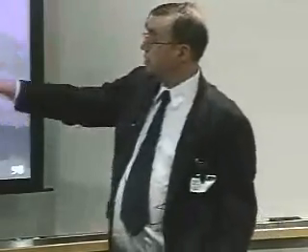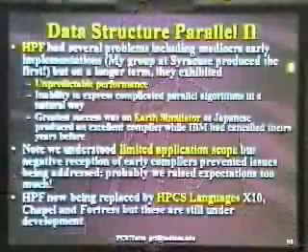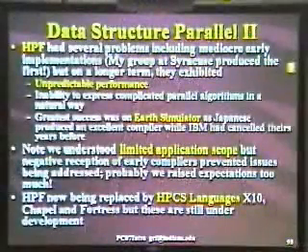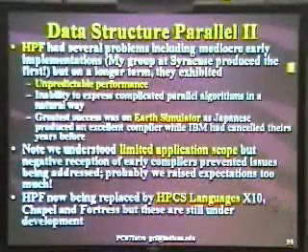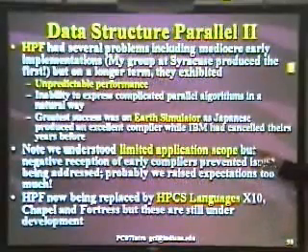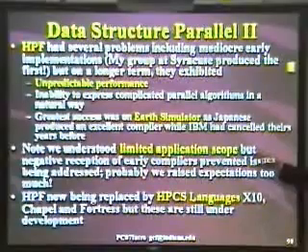The Earth Simulator had a good HPF compiler, and all of this is effectively replaced by the HPCS languages. All the people who used to work in that type of field now work on the HPCS languages, of which there are three: X10, Chapel, and Fortress, and they're still being worked on. They hope to address this problem.